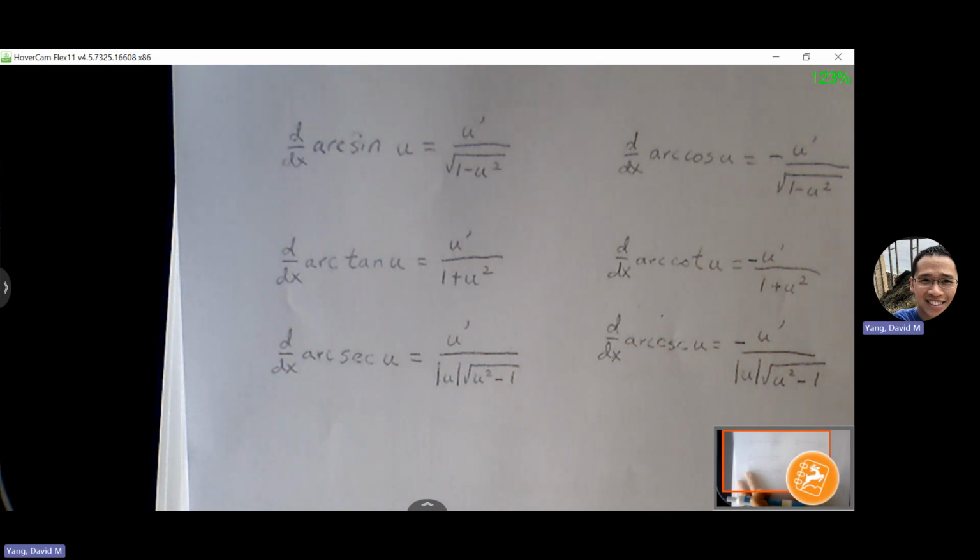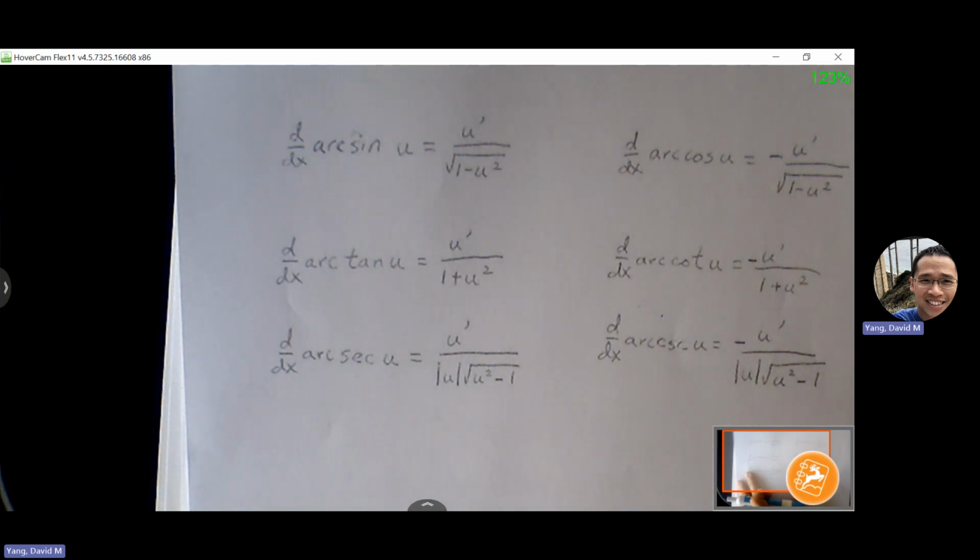Okay, so again, let me run through that process. First off, the numerators are all the same. Arctangent is the simplest looking one. It's got the 1 plus u squared. Arcsecant and arcsine are the most complicated looking ones, but they also look the most similar to each other. We start with the arcsecant: absolute value of u, square root of. You know it's going to involve 1 and u squared. It's got a minus sign, so it looks a little different from this, and then the u squared minus 1. I know u comes first because the u's are next to each other.